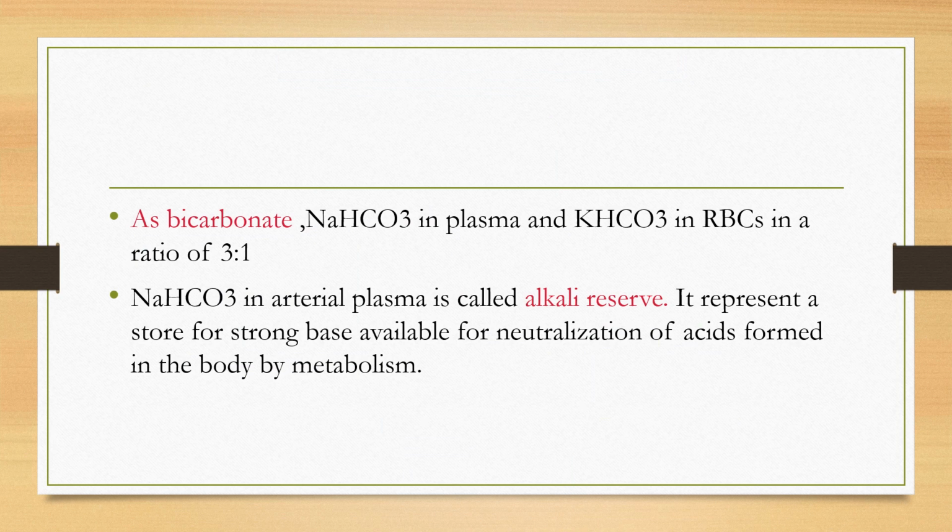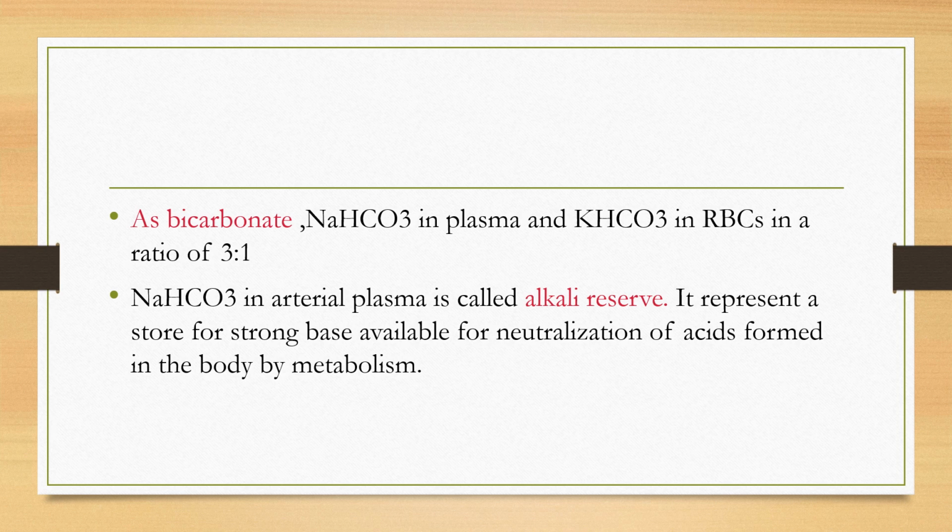Bicarbonate is present in plasma and RBCs. In plasma it is in the form of sodium bicarbonate, in RBCs potassium bicarbonate. Plasma has more than RBCs, so sodium bicarbonate is more than potassium, about 3:1.